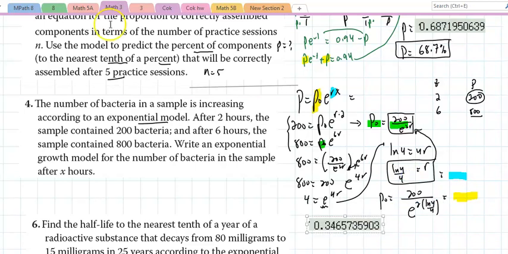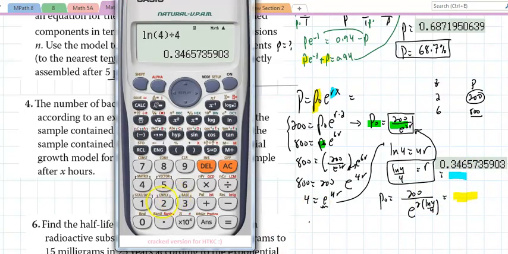Okay, I love that. Here's what we get r to equal. So either we do that, or, no big deal, let's do the bottom one. What's the initial population?